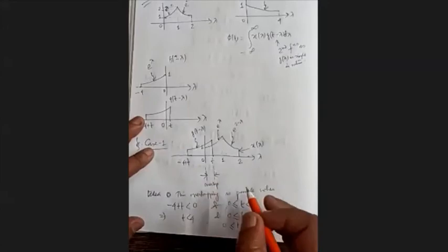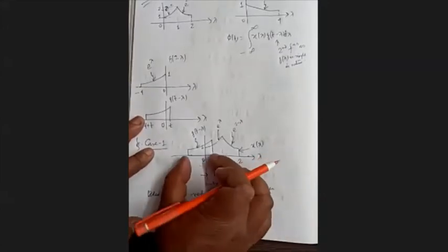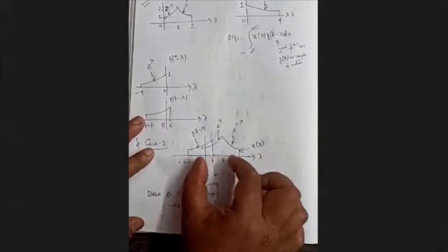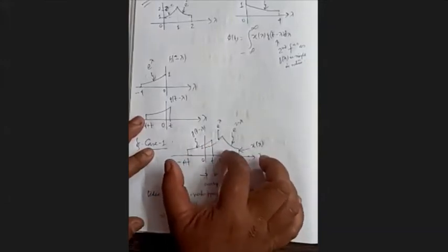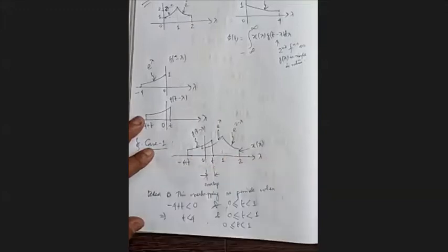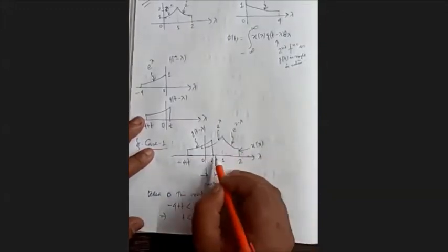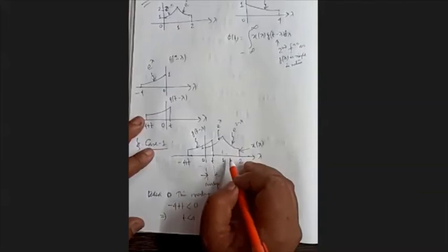Sir, could you explain again why we are taking 0 to 1? If the second function g is coming here, that is, its leading edge is to the right of 1, meaning it is looking this way and that way, then also t will remain greater than 0.